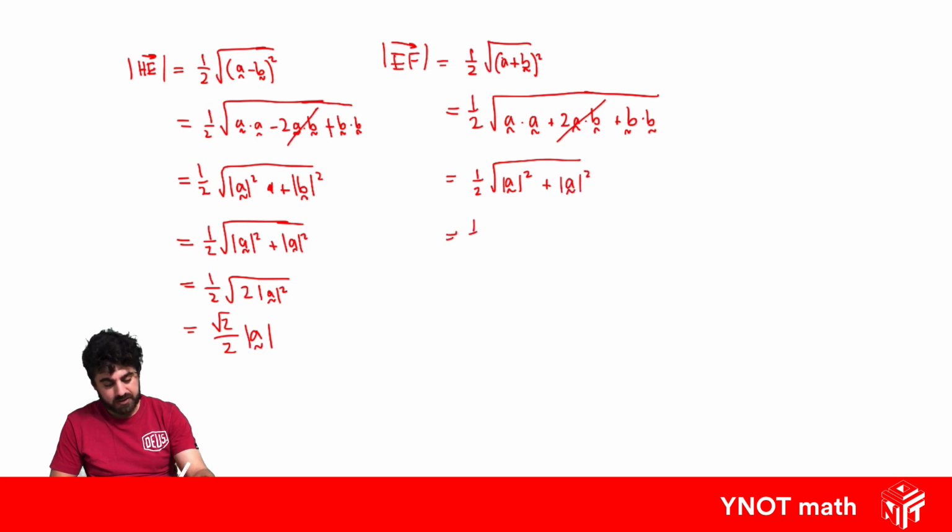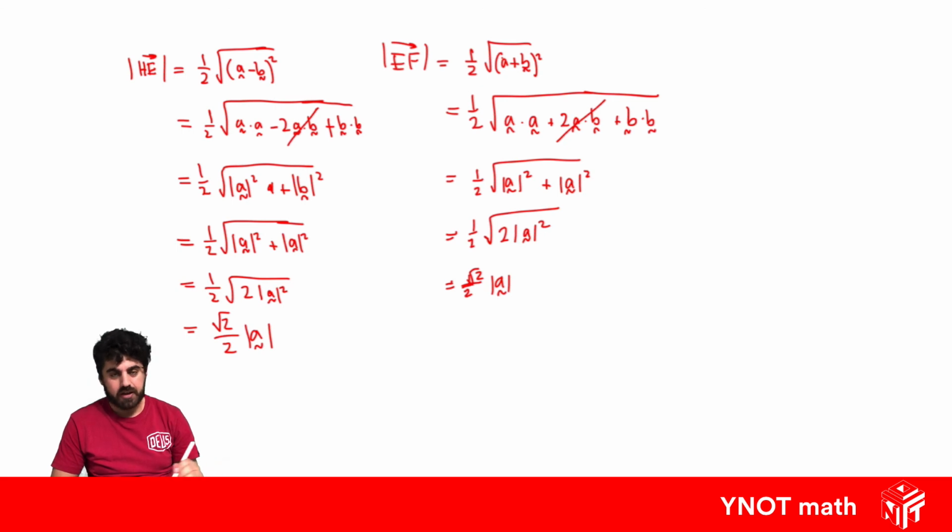And we're going to get the exact same thing, a half times the square root of 2 times the magnitude of A squared. Those magnitudes will cancel out, and we're just going to get root 2 on 2 times the magnitude of A. And they're going to be equal to each other, and now we can confirm that that quadrilateral inside the original square is also a square.